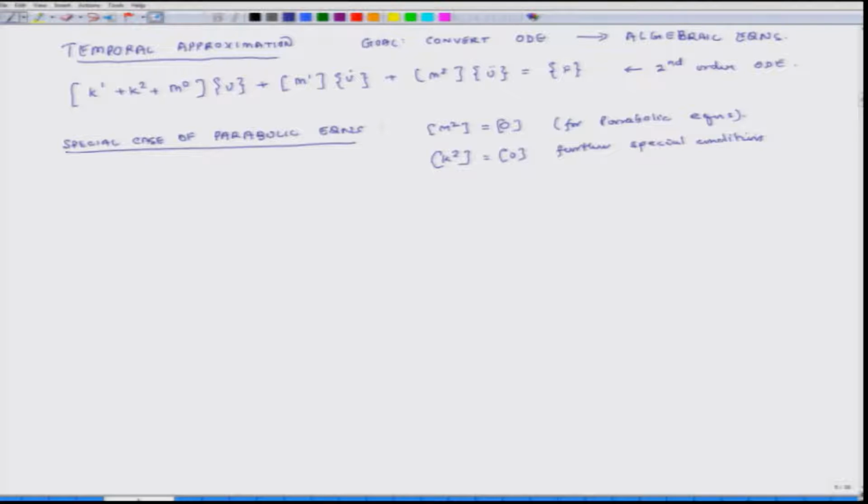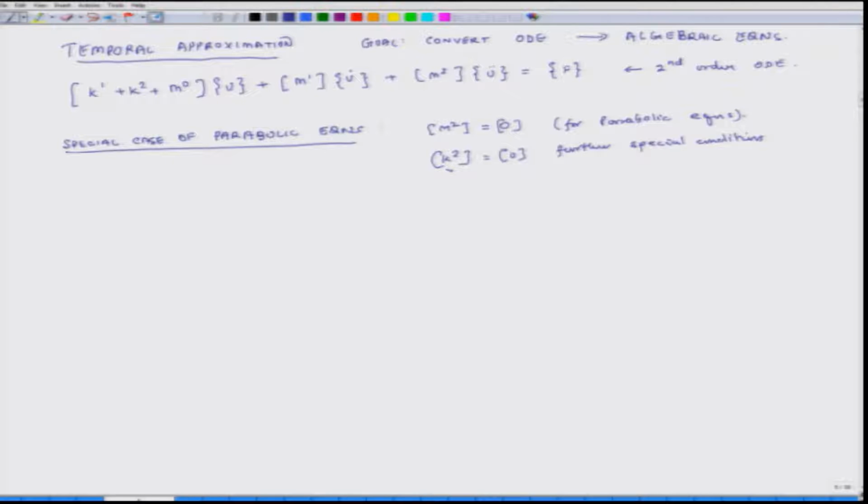The solution procedure we will describe does not necessarily depend on this second requirement, but I am making this assumption because it makes physical sense: for transient heat conduction problems in one dimension, K2 is 0. So, just to connect it with some physical reality, but the overall solution method for parabolic equations, what we will discuss today, is valid whether K2 is 0 or not.